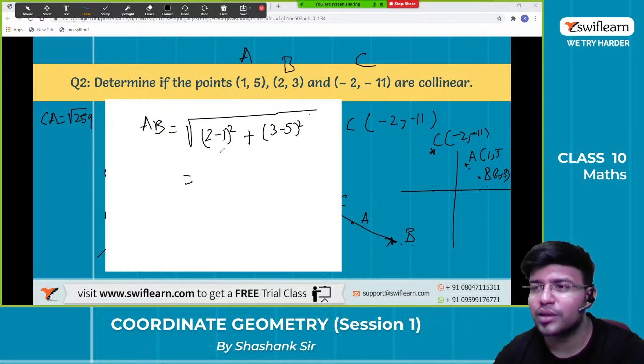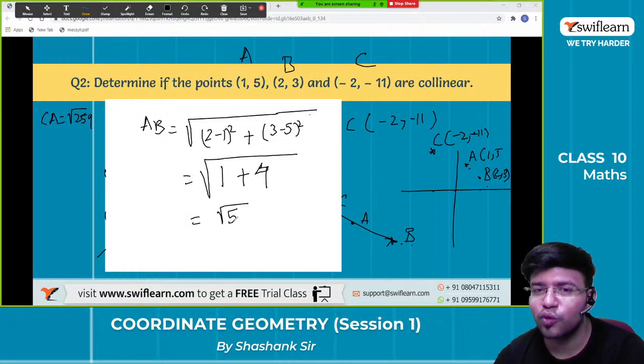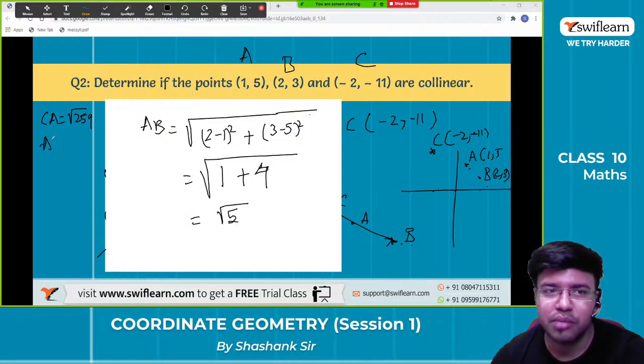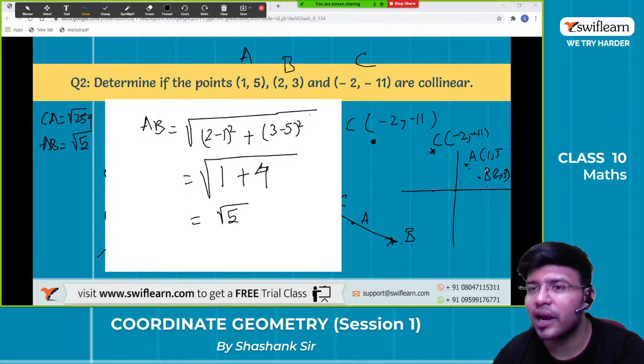Now how much is 2 minus 1? 2 minus 1 is 1, 1 square is 1, 3 minus 5 is minus 2, and minus 2 whole square is 4. So 4 plus 1 is root 5. How much is AB now? AB is square root 5. This is the answer. Now the last thing we need to find is the distance between the points C and B.